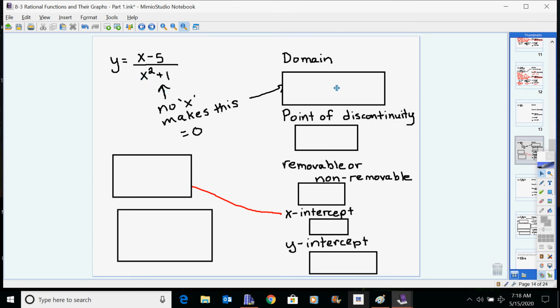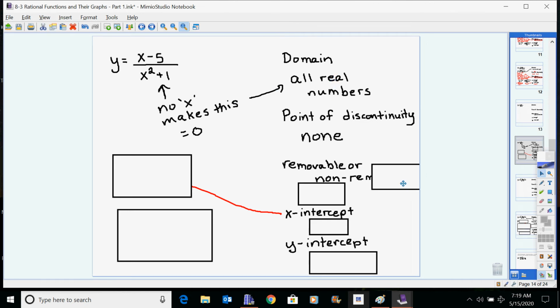So that means that x is allowed to be anything. The domain is all real numbers. This one actually is pretty easy because since the domain's all real numbers, there are no points of discontinuity. So it's not even worth asking whether it's removable or non-removable. This graph is continuous.